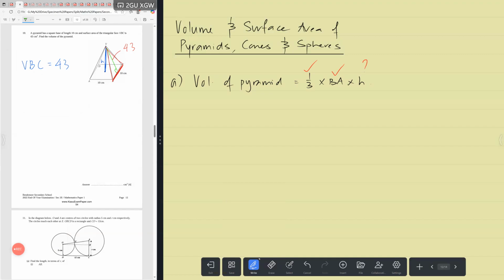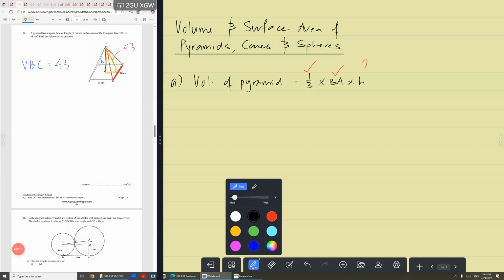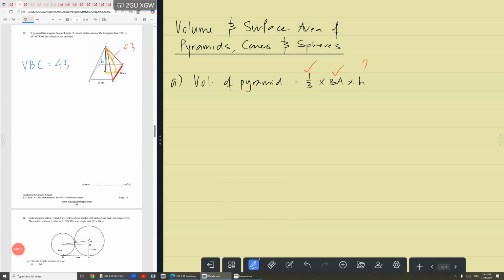And how does this relate to the height of our pyramid? Now follow my yellow color pen here. Do you see the yellow or orange color triangle in the pyramid? That is what we are going to use to find the height of the pyramid. So our first objective is to find the height of triangle VBC, and then we're going to apply Pythagoras theorem to get the height of the pyramid. So let's work it out.